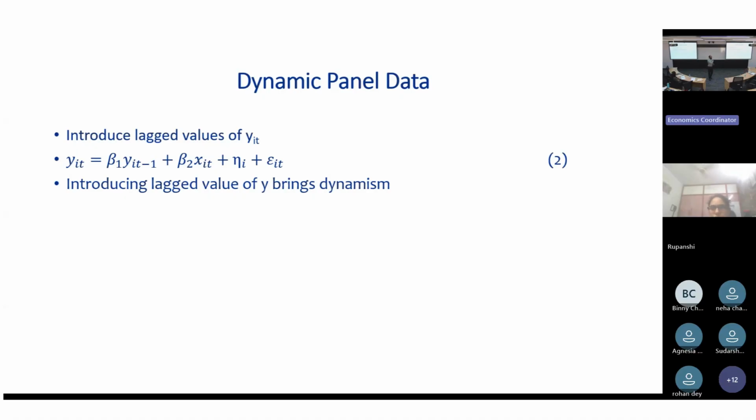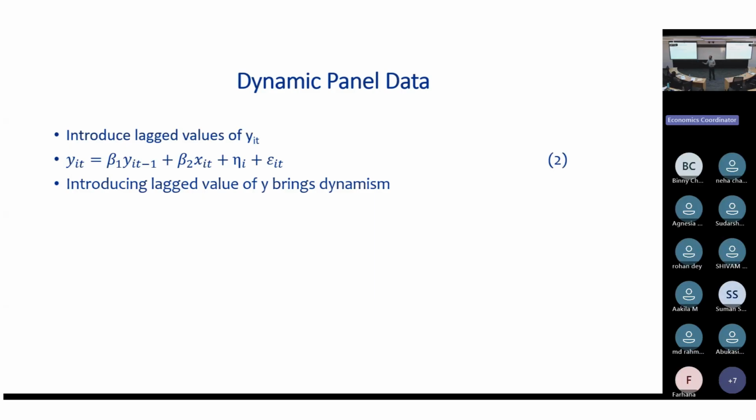And when it comes to macroeconomics, we have several such factors. Interest rate, we discussed, investment. So all these factors are influenced by their own past values, along with a set of other explanatory variables. Right? So this is what you call a dynamic panel, which is essentially different from the static panel that you have already studied. So the question is, if the panel is static, you know how to estimate the coefficients, right?